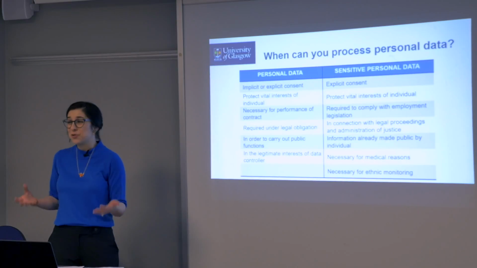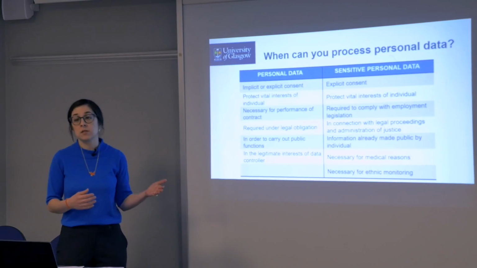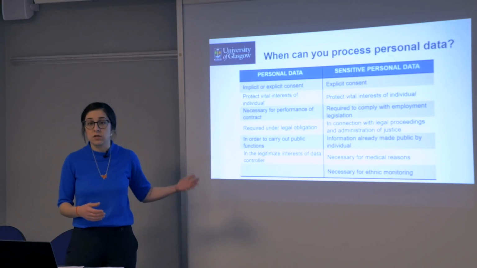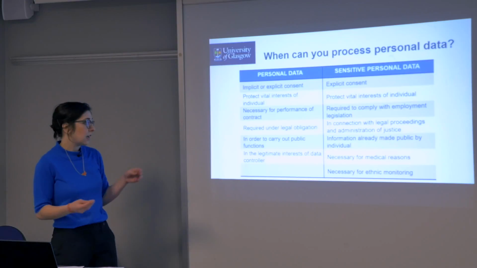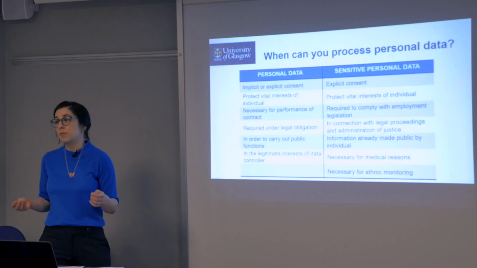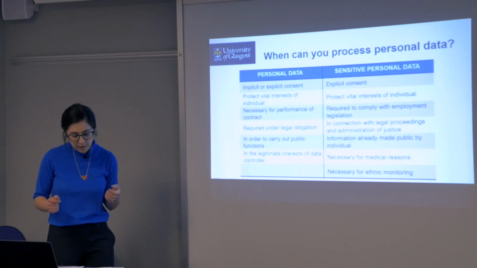So basically, if you're doing research and if you can argue that it is in the substantial public interest, then you can potentially process that sensitive personal data without meeting anything else on this table. So the Data Protection Order 2000 and the legitimate interests of the data controller, those might be your best options for processing conditions if you don't have direct consent.